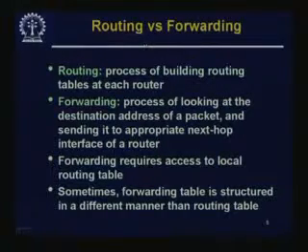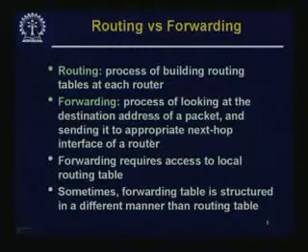And then if you have such a table, there is a question of forwarding. Routing is the process of building routing tables at each router. Forwarding is the process of looking at the destination address of a packet and sending it to the appropriate next hop interface of a router, which means that once through a routing protocol you have got a routing table, then when a packet arrives you have to forward it to the correct interface of that router.